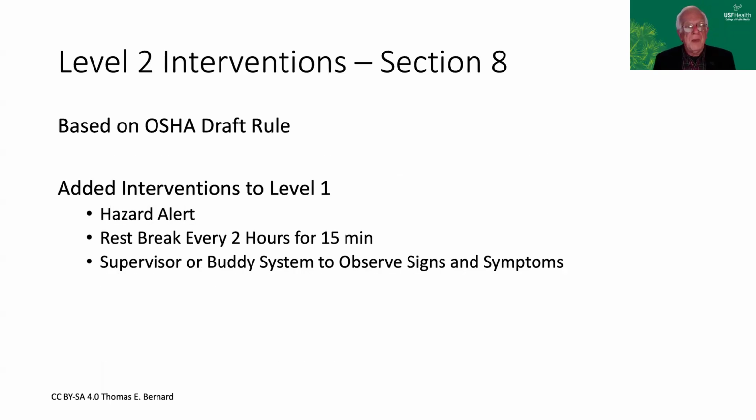Level 2 then is just based on the OSHA draft, and it's the hazard alert. So you let everybody know you've now entered a level 2. We are going to take a break every 2 hours for 15 minutes. And either you engage your buddy system or the supervisor takes responsibility for making sure he's got eyes on everybody.